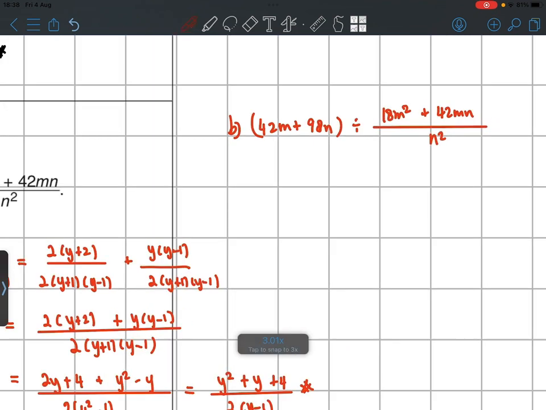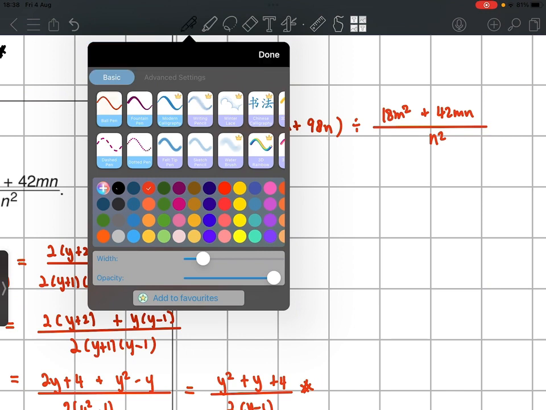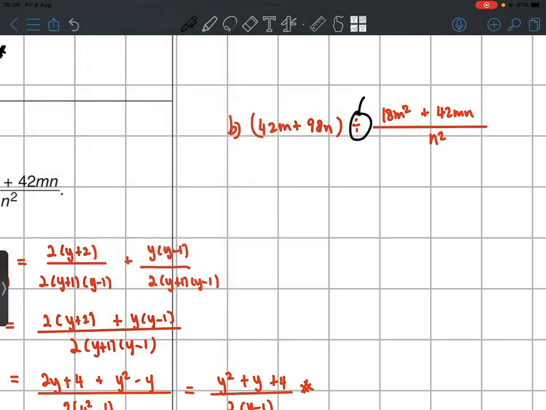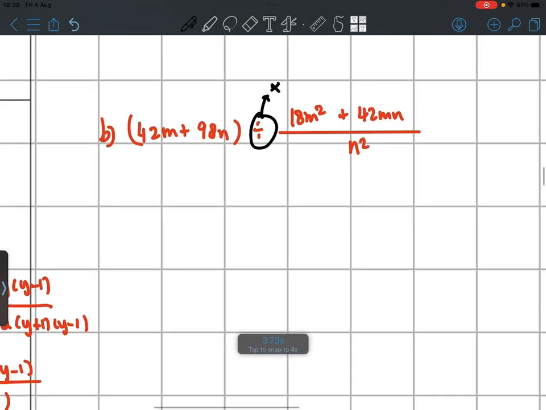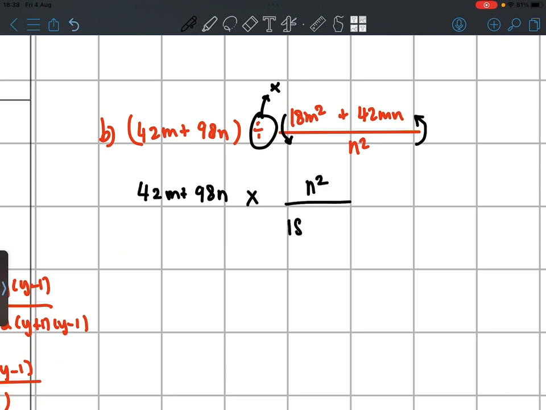You see that there is a division, so we can turn it into multiplication, but the rule is if you turn the operation into multiplication, you need to invert the fraction. You need to turn the fraction upside down. So we have 42m plus 98n multiplied with n squared over 18m squared plus 42mn.